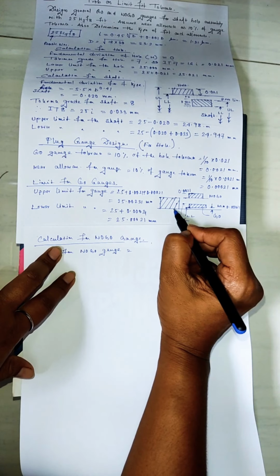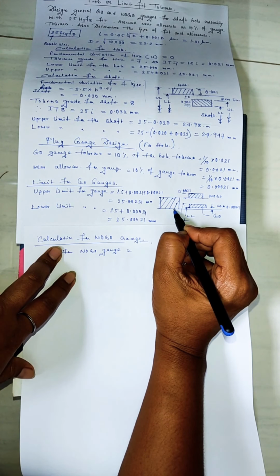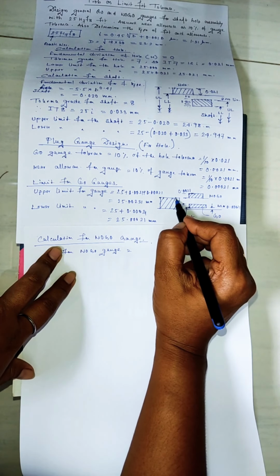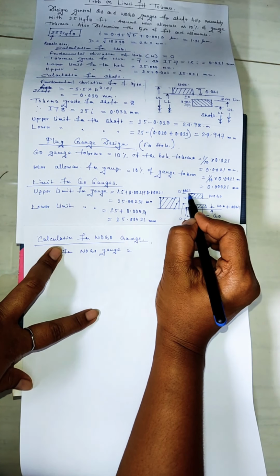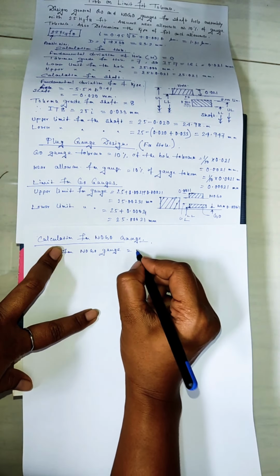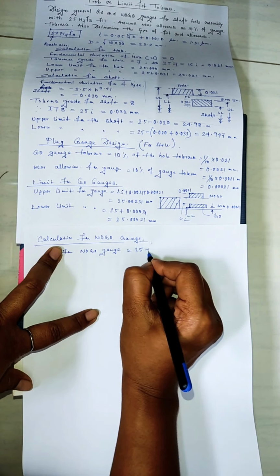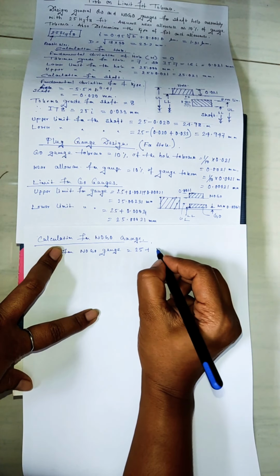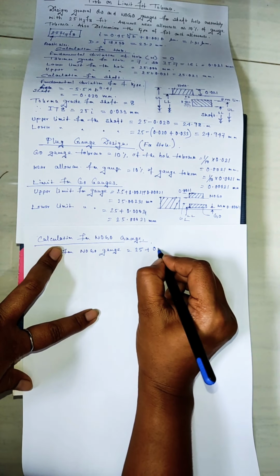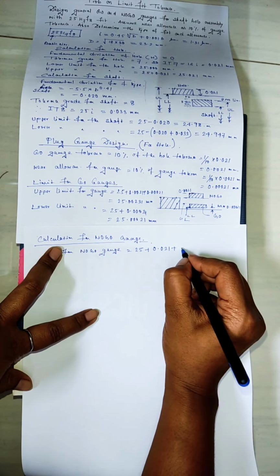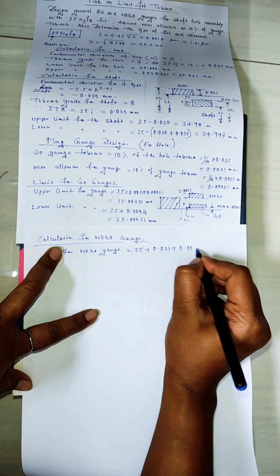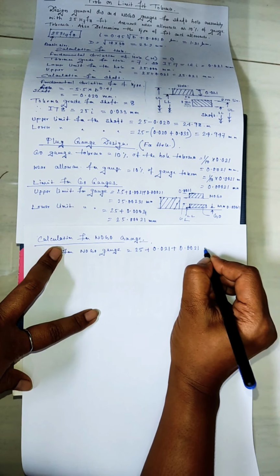So the upper limit is basic size plus tolerance for the hole plus gauge tolerance. Basic size is 25, plus tolerance for the hole is 0.021, plus gauge tolerance is 0.0021.